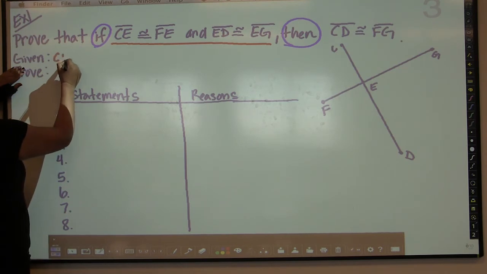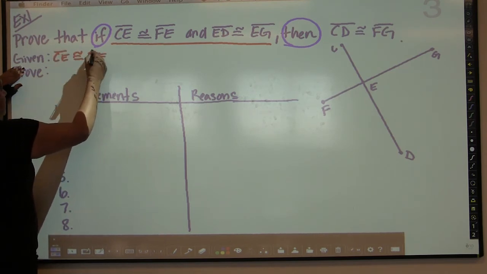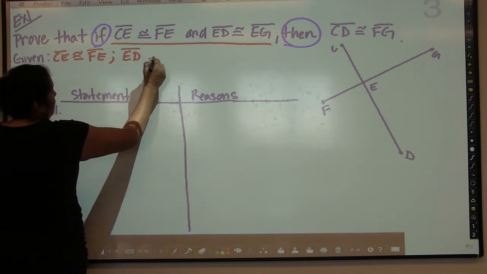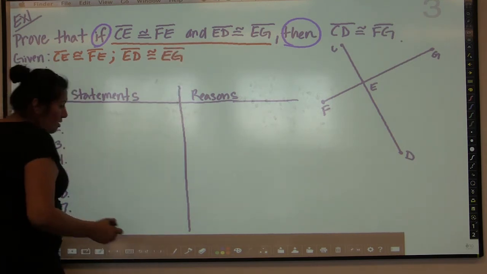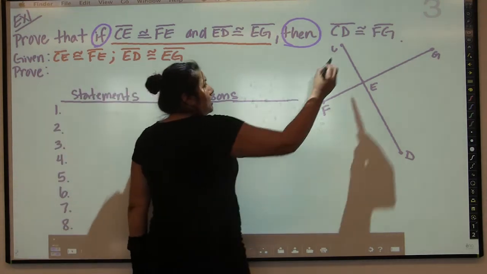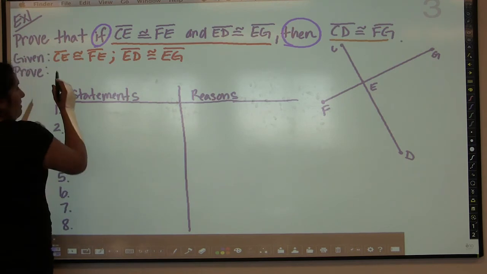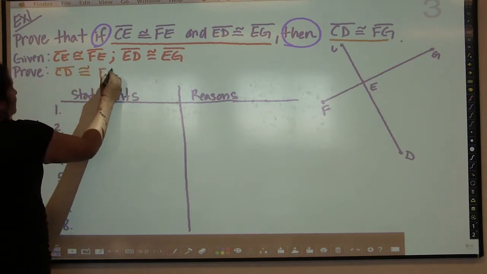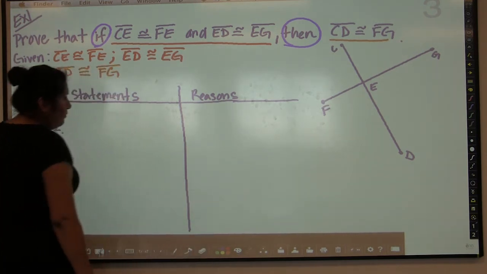So I'm going to put CE is congruent to segment FE, and also that segment ED is congruent to segment EG. And then my conclusion over here is going to become what I'm being asked to prove, and that is that CD is congruent to FG. All right?